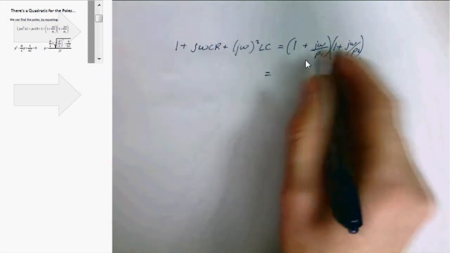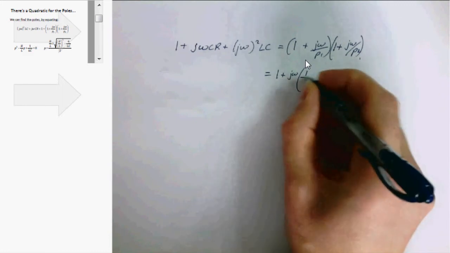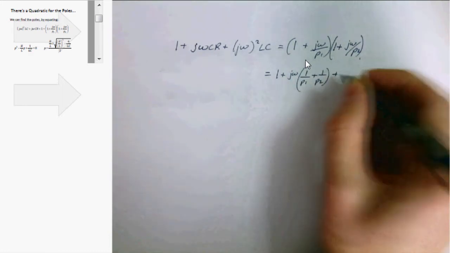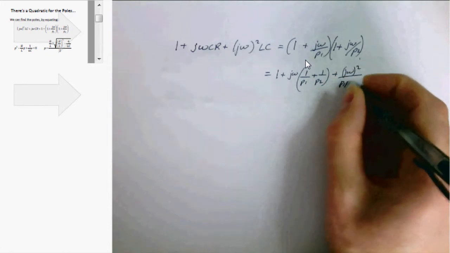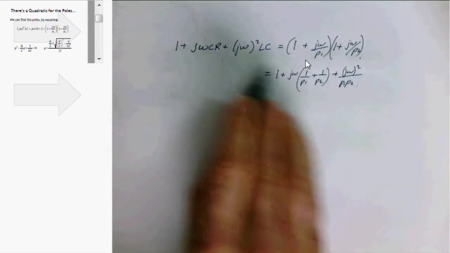Multiply these brackets out: 1 plus j omega times (1 over p1 plus 1 over p2) plus j omega squared divided by p1 p2.